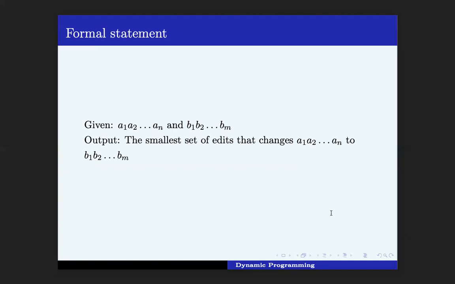Why don't you try to think about it? If you have got some ideas, you can just unmute yourself and shout out.